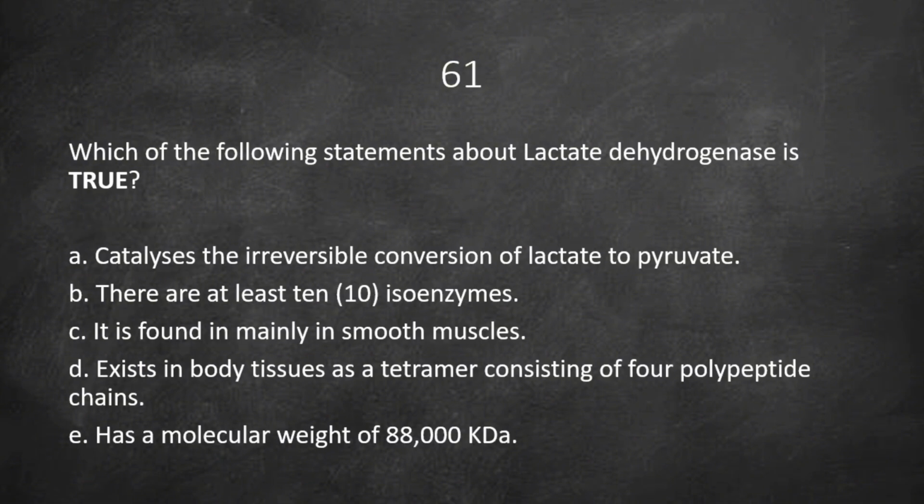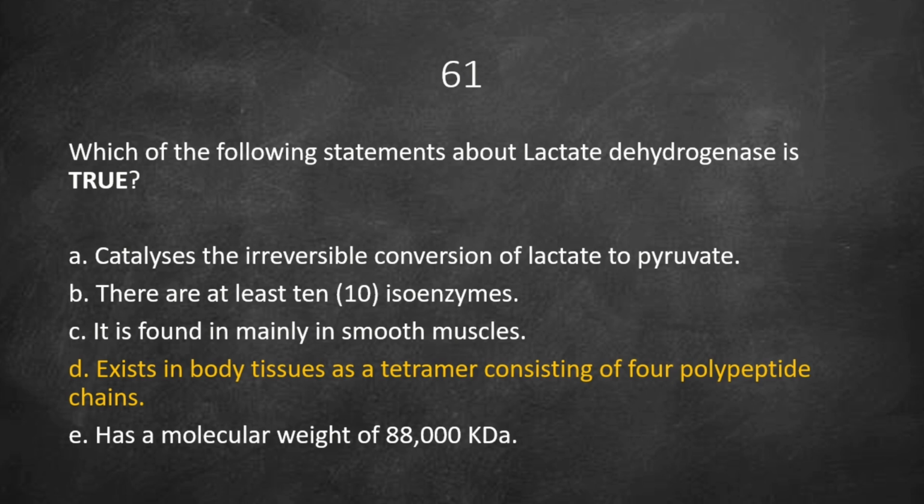Okay, question 61. Question 61 says: which of the following statements about lactate dehydrogenase is true? The answer here is D, exists in body tissues as a tetramer consisting of 4 polypeptide chains. So let's go through the options. A says catalyzes the irreversible conversion of lactate to pyruvate. Then B, there are at least 10 isoenzymes.